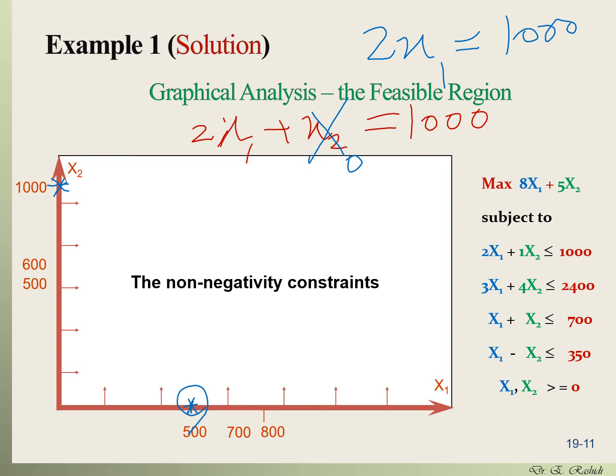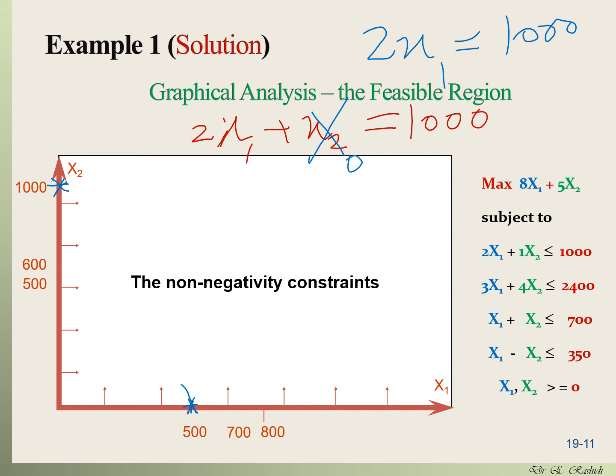Now we can actually plot the line. So let's go ahead and plot this line. So this is the line. Now we need to figure out what side of this constraint is the feasible space for us.